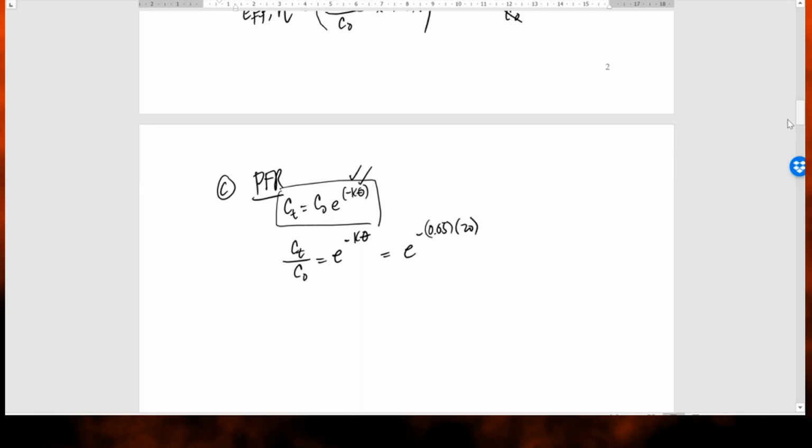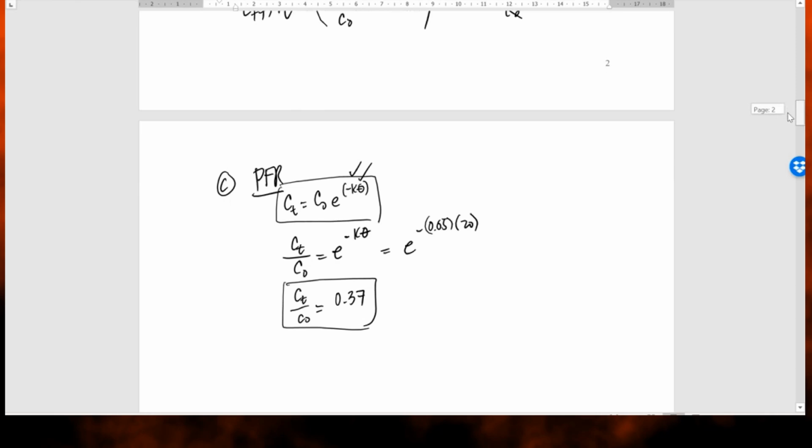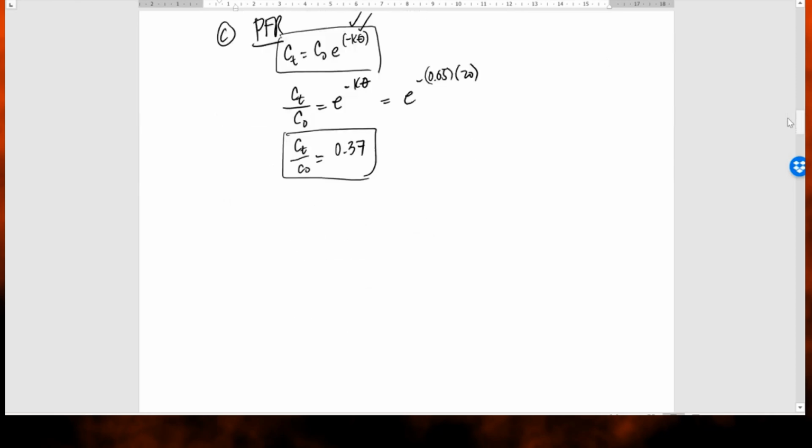It's the same as before, but it's a different equation for plug flow. So C sub T over C naught is equal to 0.37. That is the ratio, and then we can get the efficiency again. The efficiency is C naught minus C sub T over C naught times 100%.